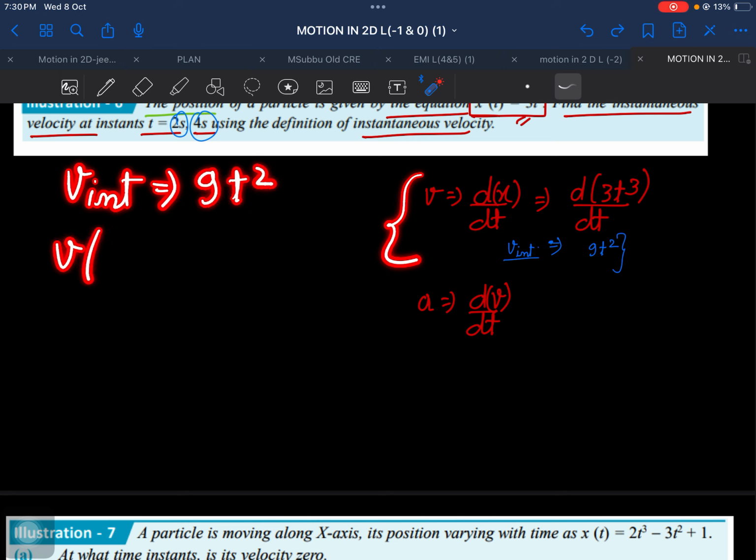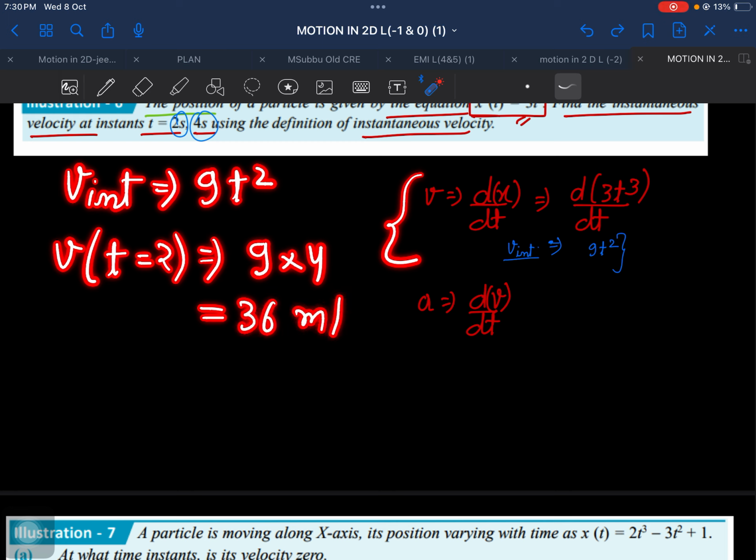So for velocity at t equals 2 second, just put t equals 2 here. You will get 9 times 2 squared, which is 4, so it is 36 meter per second. Again, velocity at t equals 4 second: you put t equals 4, it will be 16, and 16 times 9 is 144 meter per second.